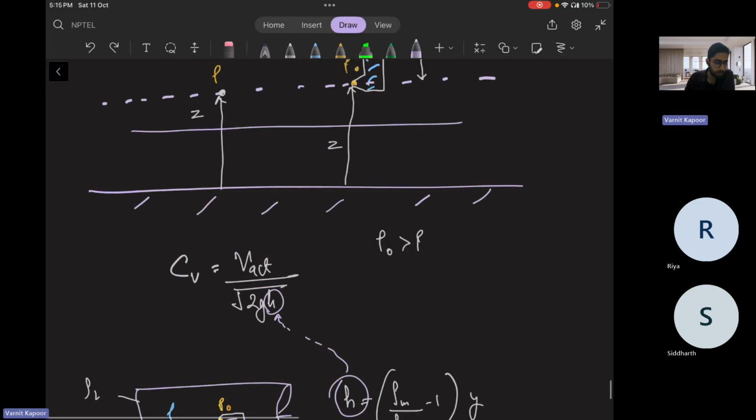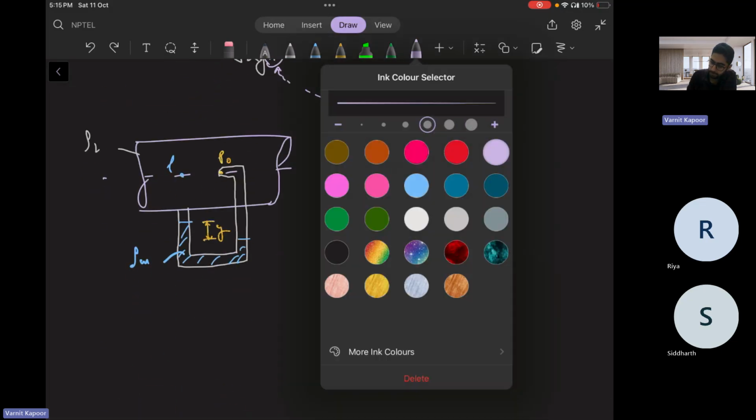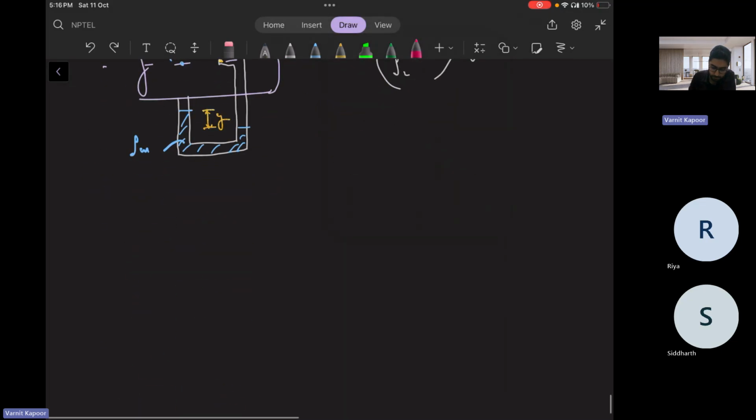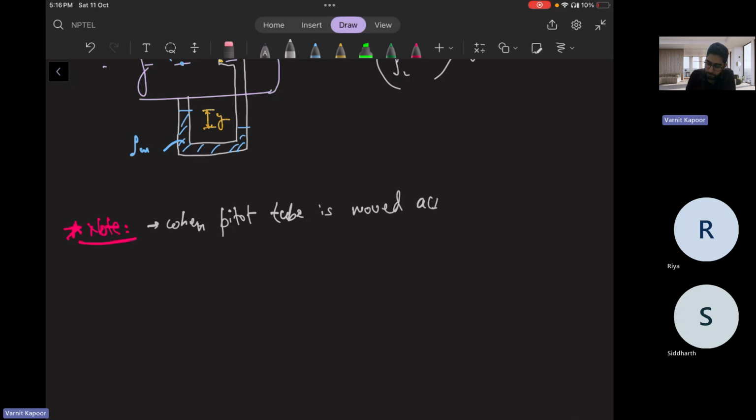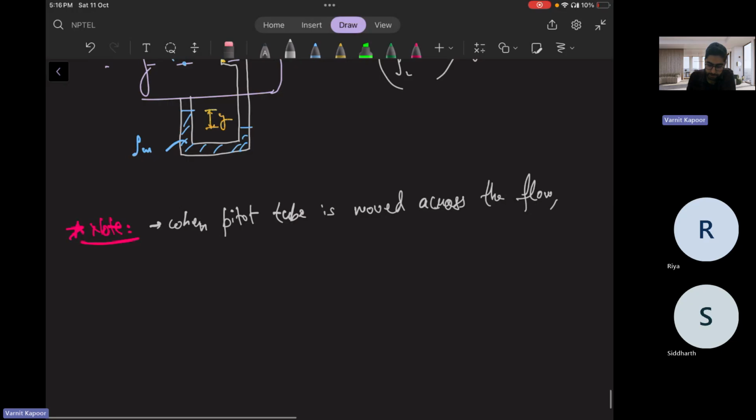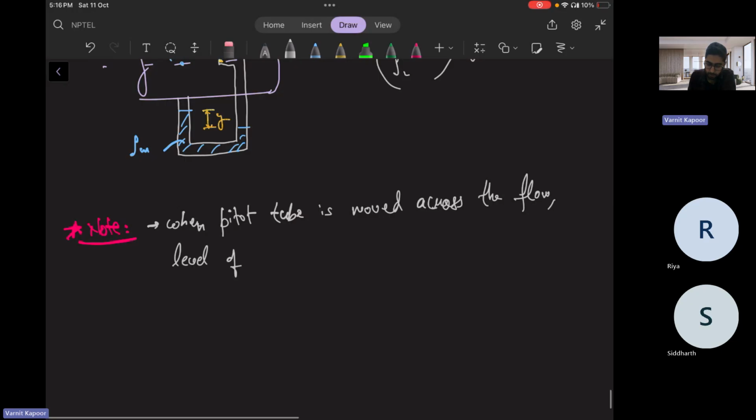So the point to note here is that when the pitot tube is moved across the flow, the level of the pitot tube changes.